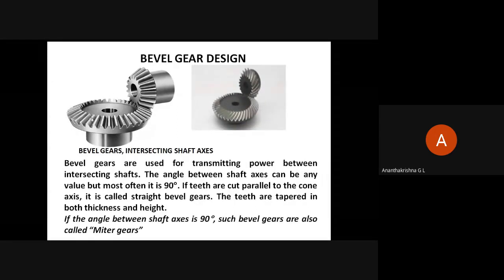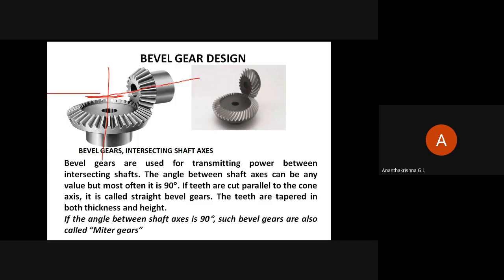Of course, this is how a bevel gear looks like. Bevel gears are for intersecting shafts. So the shaft axis is one here, and another shaft axis is there.